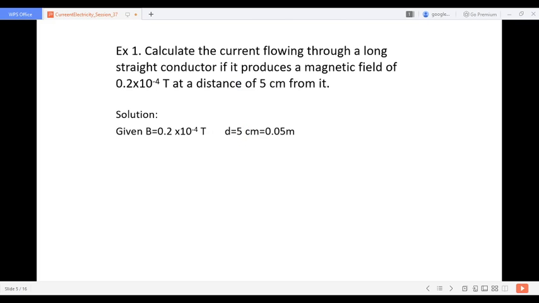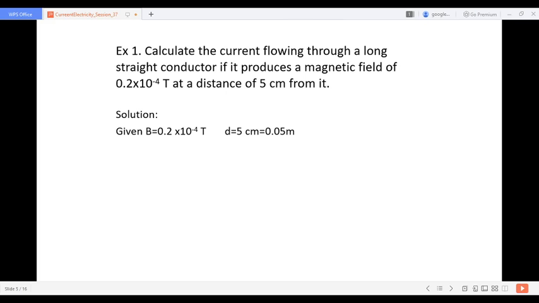Let us solve the first problem. The question is: calculate the current flowing through a long straight conductor if it produces a magnetic field of 0.2 into 10 raised to minus 4 Tesla at a distance of 5 centimeter from it.